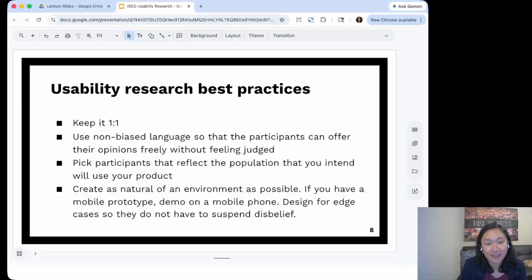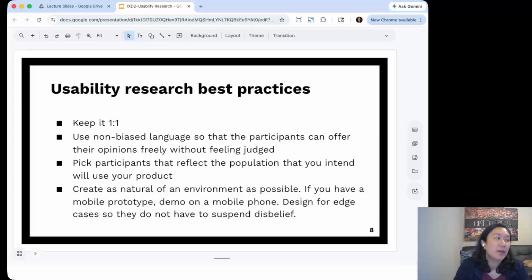The feedback that you get can be helpful, but it likely would not be representative of the target users of your product unless it was friends and family or other design students. So it's very important that when you conduct your studies, in order for it to be helpful in the domain that you will be applying those findings, you make sure to recruit participants that meet that target demographic that you've established.